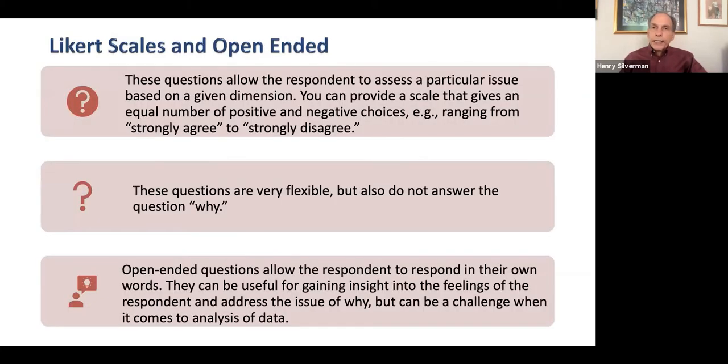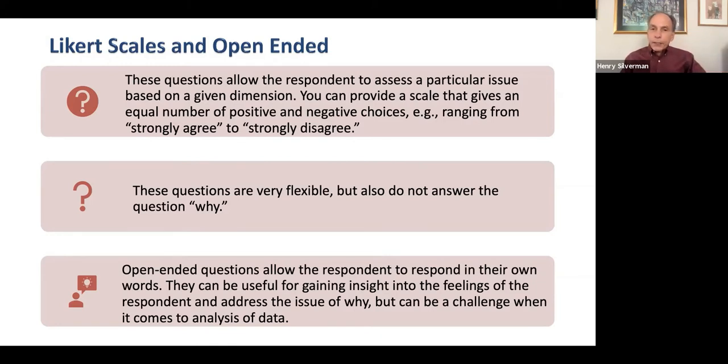These questions allow the respondent to assess a particular issue based on a given dimension. You provide scales that give them an equal number of positive and negative choices, ranging, for example, strongly agree to strongly disagree. Again, these questions are very flexible, but again, it does not answer the question why.